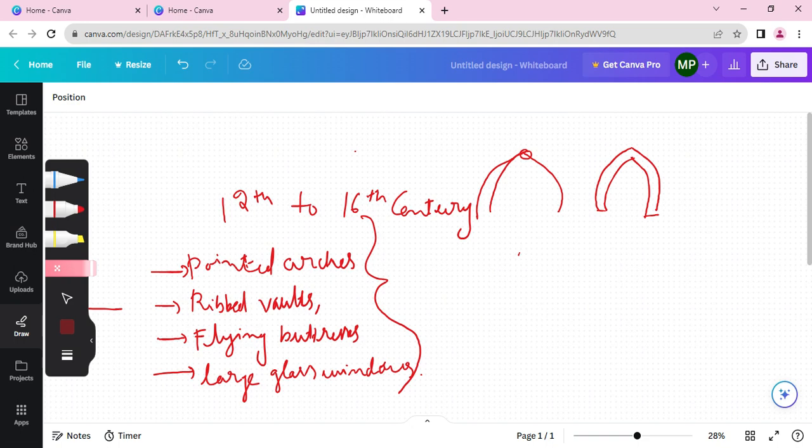Ribbed vaults are another key feature of Gothic architecture. They are made up of a series of intersecting arches that support the ceiling. This creates a strong and stable structure that can support a large weight. See, suppose you look from the bottom at the roof.